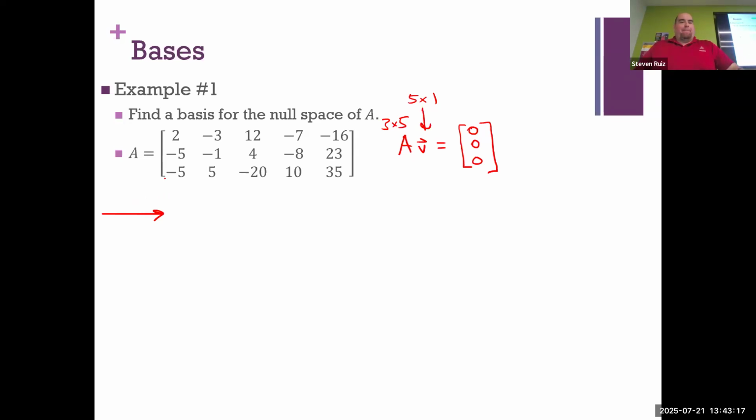How can we do that? All right, 1/2 of row 1 to row 1. That gives 1, -3/2, 6, -7/2, -8, -5.